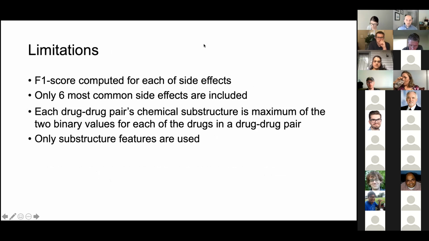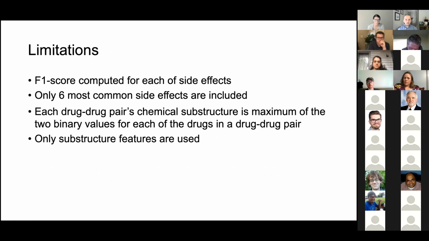As I mentioned, there are several limitations of the model. Here, I didn't specifically calculate the F1 score or AUC ROC score for all the side effects for each drug-drug pair. I did it for each of the side effects, so that is an oversimplification.